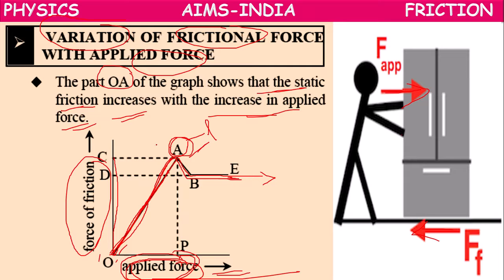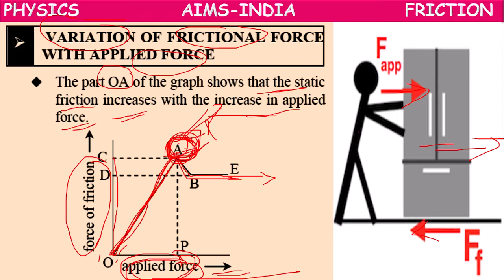At A, we have reached the maximum static frictional force or limiting frictional force, where the body is ready to move. This refrigerator is ready to move at one force, and that maximum static frictional force is represented by A.